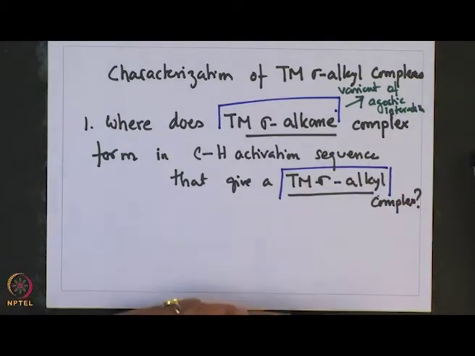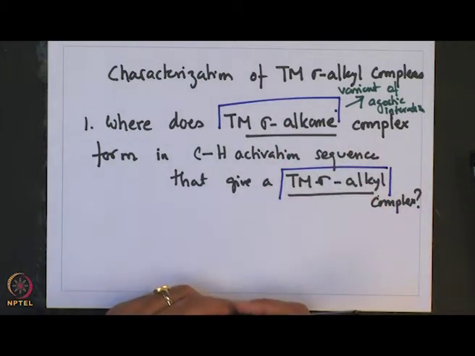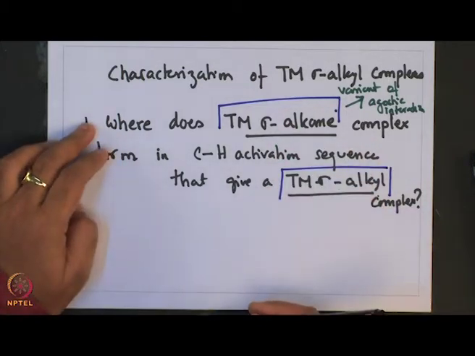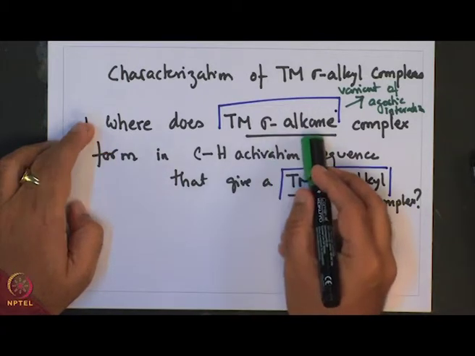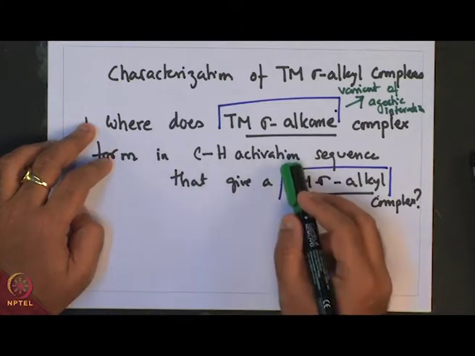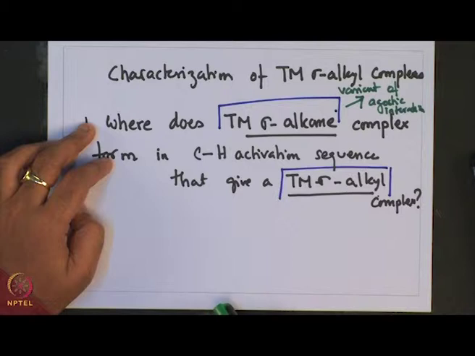Based on these two complexes, the question comes: where does the transition metal sigma alkane complex occur in the course of C-H activation that gives a transition metal sigma alkyl complex?